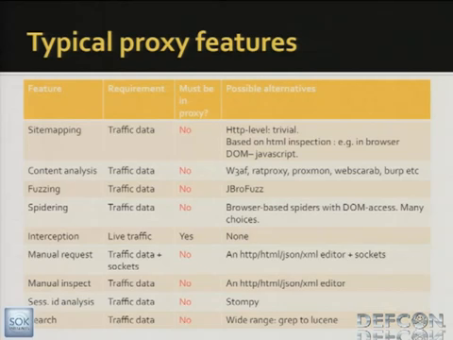In most cases, you can leverage these features from different tools than the intercepting proxy, as long as you have access to the collected data or the stored data within the communication. Obviously, you can't intercept. You have to have the intercepting functionality within the proxy itself.